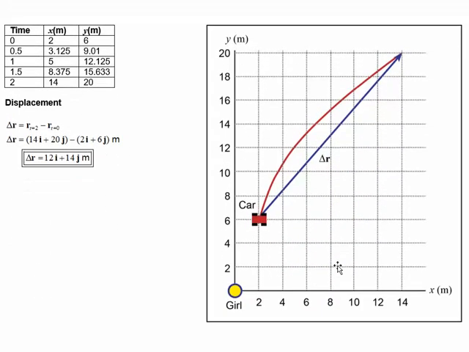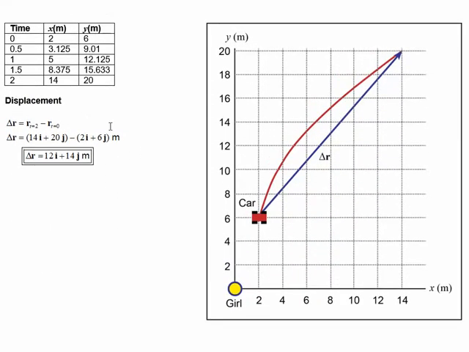Once we have the position, we can determine different points. So for example, at time t equals 0, we know the initial position is 2 and 6. Well, let's plug in 0.5 seconds. Well, we get 3.125 and almost 9. And we do that for 1 second, 1.5 seconds, and 2 seconds.